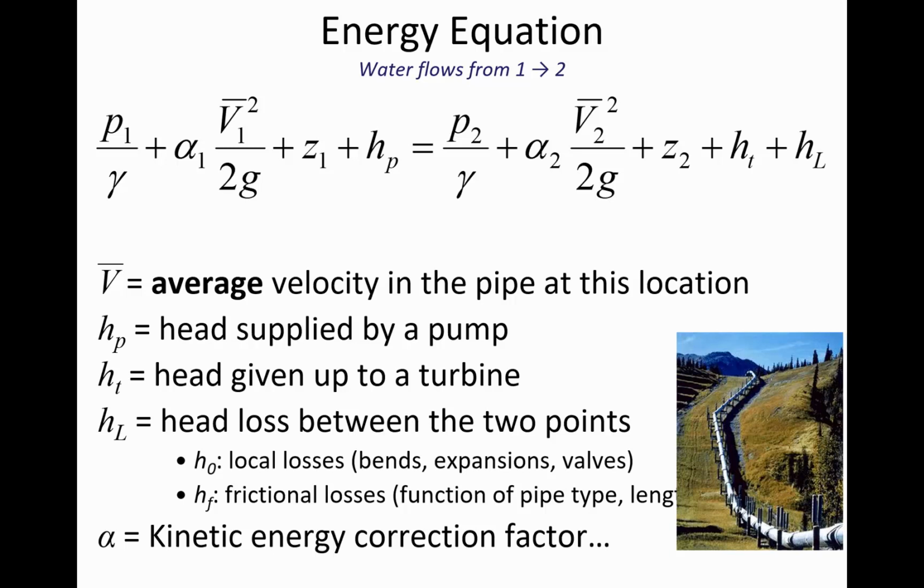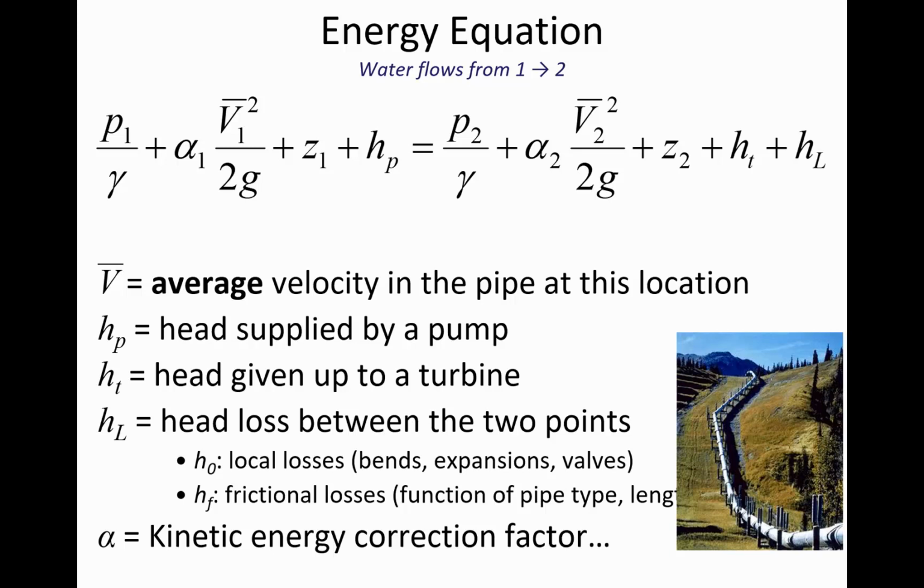The last difference between the Bernoulli equation and the energy equation is a kinetic energy correction factor. And the reason that we have to include a kinetic energy correction factor is because when you're utilizing the average velocity for the velocity head, it kind of underrepresents the true kinetic energy that exists in the fluid.